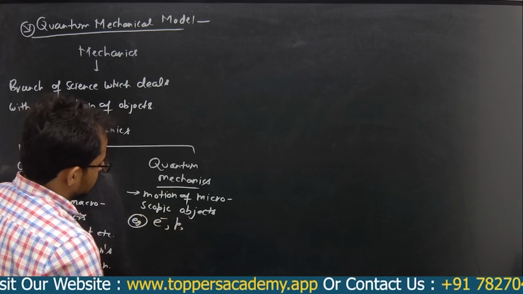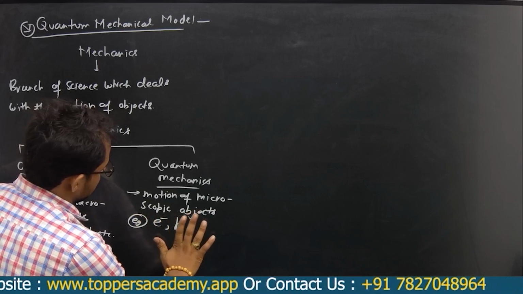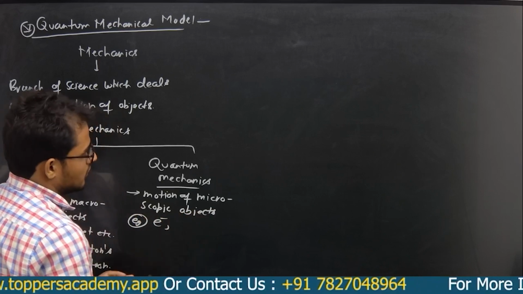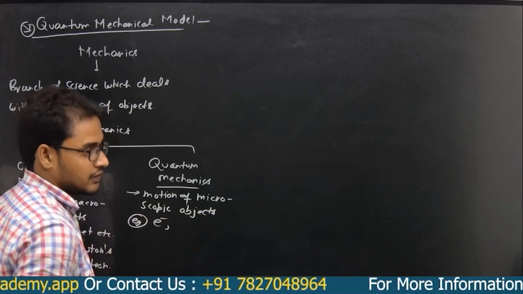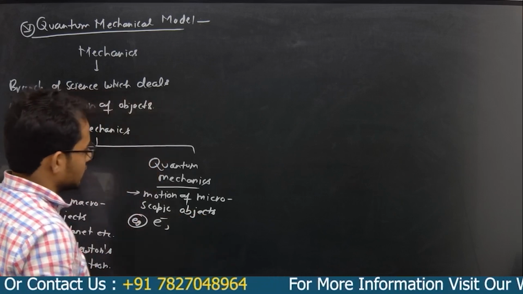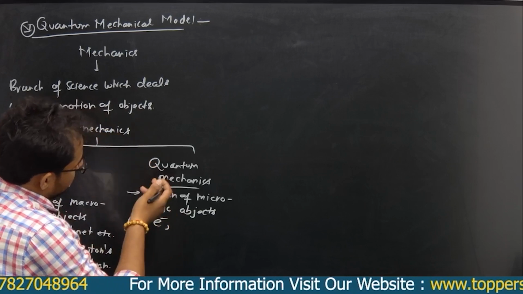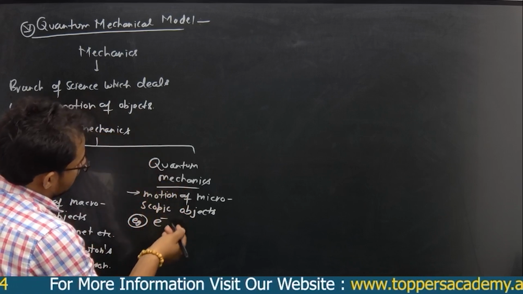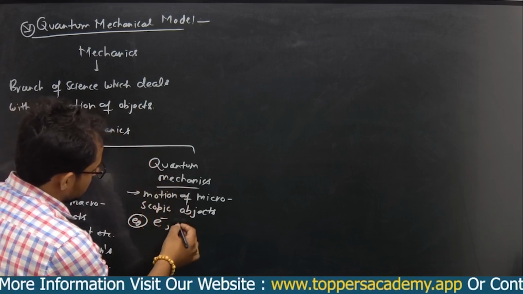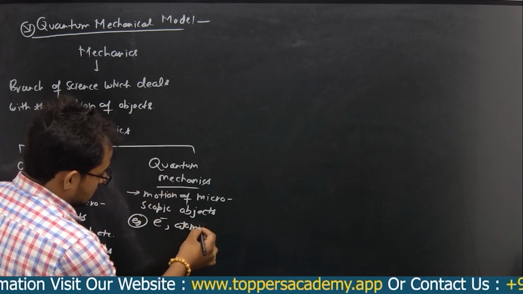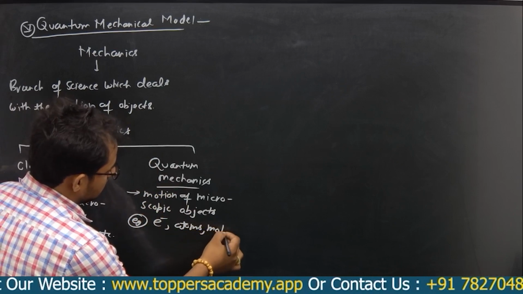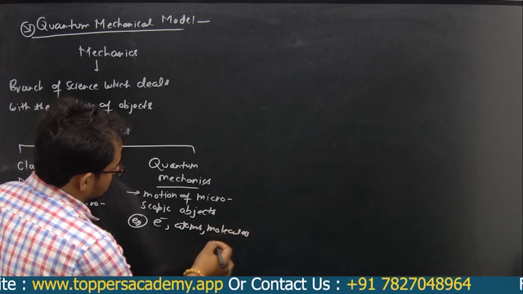Actually, the proton is present at the nucleus. It is not revolving, right? So we can apply quantum mechanics for knowing the motion of microscopic objects like electrons, atoms, or molecules, etc.